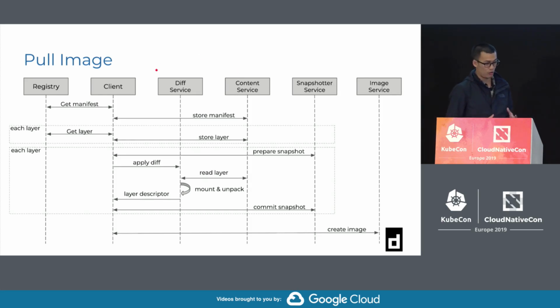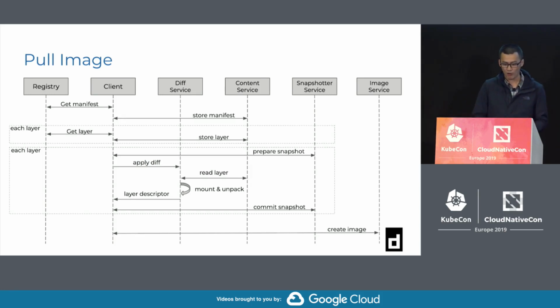It is used to read the raw data and unpack it into the local storage, such as overlay and device mapper. Those local storages are handled by the snapshot service. And the last one is the image service. It doesn't provide a pull function. It's just used to store the metadata for the image.